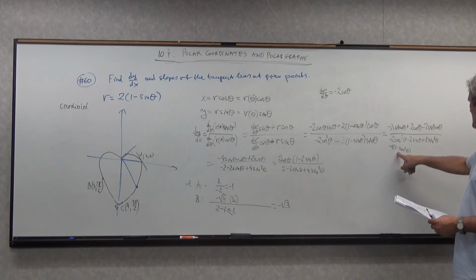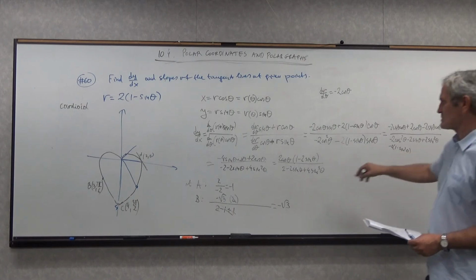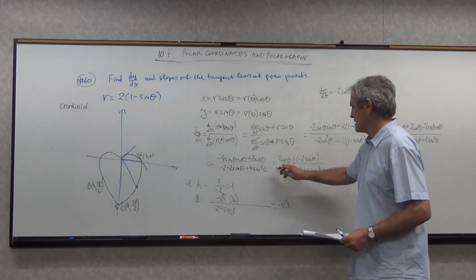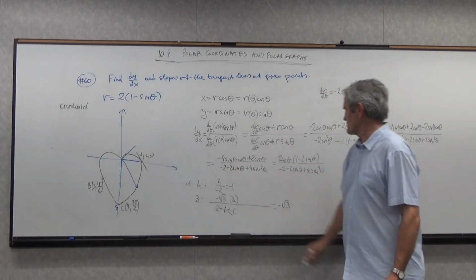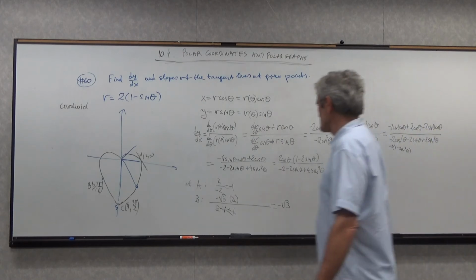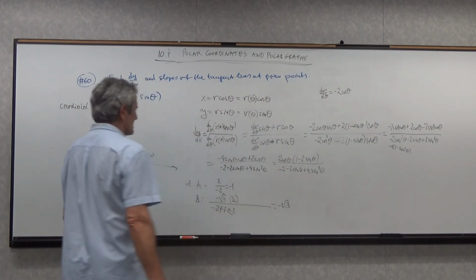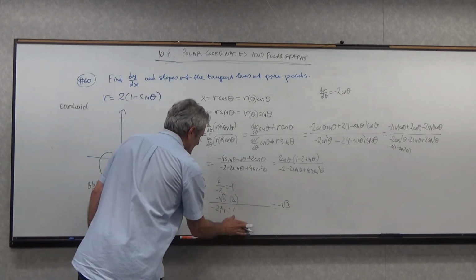Minus 2. Oh, it's minus 2, sorry, I got it down. Minus 2, it's here. So what would that be? So it would be minus 2, and then plus 1, because it's negative, and plus 1, so we get 0 here.